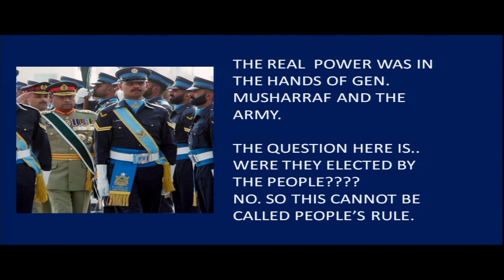The question here is, were these people elected by the citizens? These people were not elected by the citizens. So, this cannot be called people's rule. Why cannot we call Pakistan a democracy, or why isn't it people's rule? Because those in power were not chosen by the people.